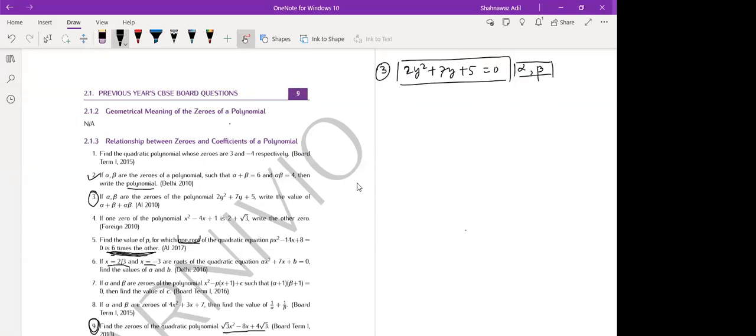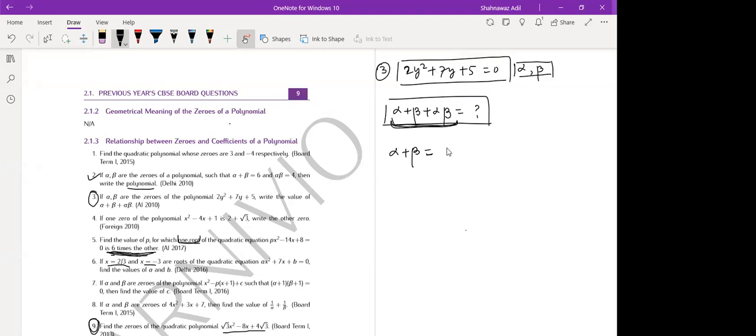Yes, sir. Then we'll have to find out the value of alpha plus beta plus alpha into beta. So how will you find out the value? We can use that alpha plus beta is minus b by a, and alpha into beta is c by a. Yes, so then we can find the values of both and add all of them. Absolutely right.